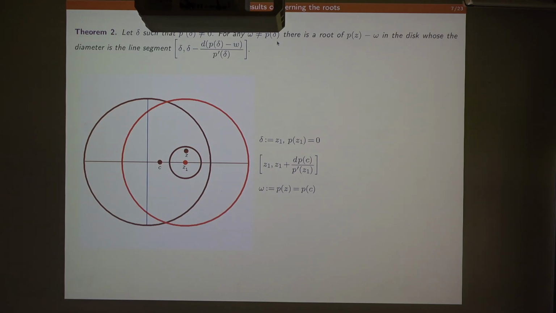Okay? And you can consider omega equal to P of Z. It's the result which says that.